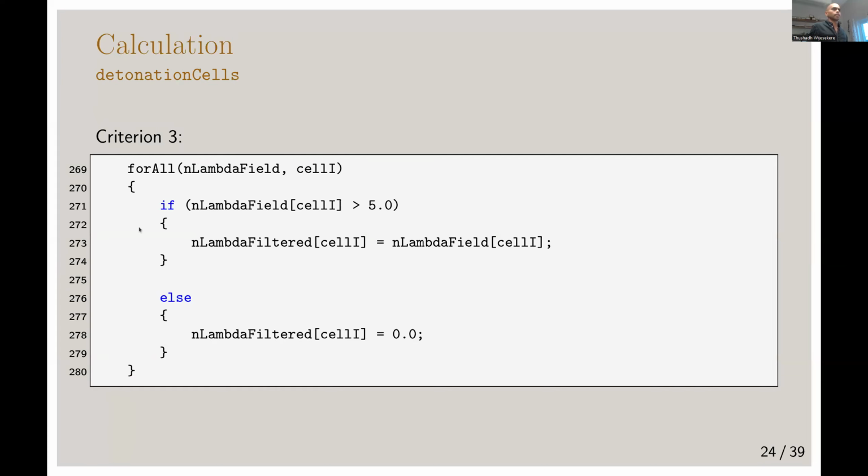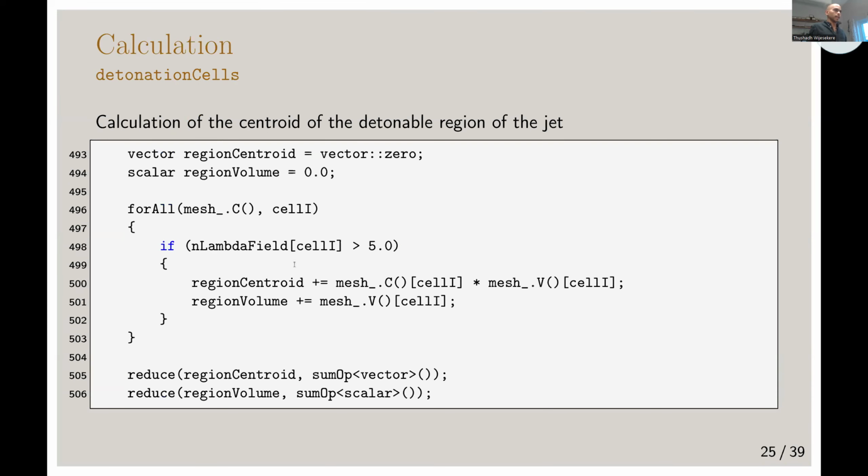Yeah, and here it's just the same logic as the one I showed you before. The only difference is now we focus on the n lambda field, which is the number of detonation cells, and see if it is above 5. And if it is above 5, then we assume that's the detonable region. So the next step is to calculate the centroid of the region, which is quite straightforward.